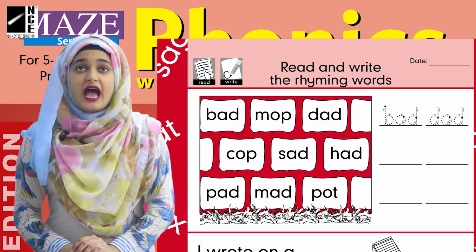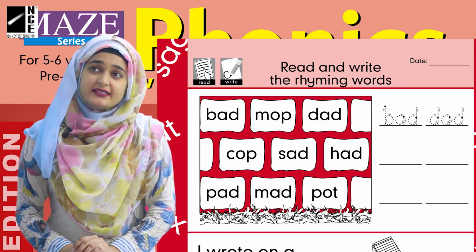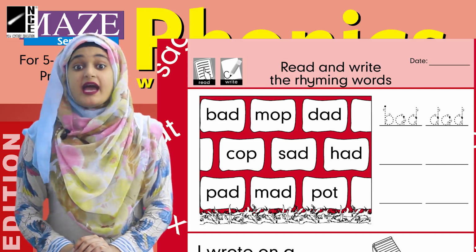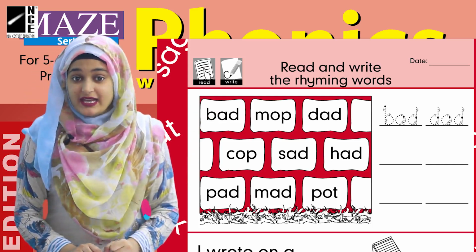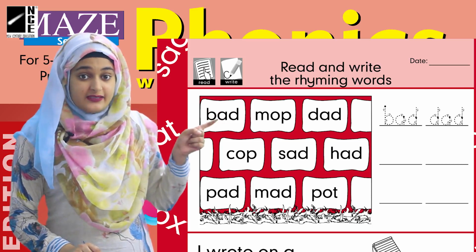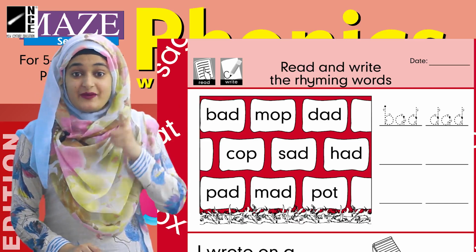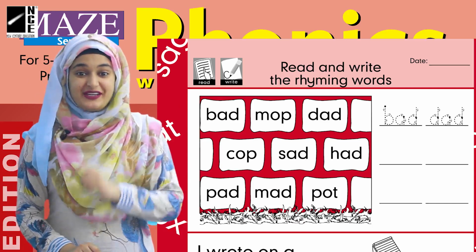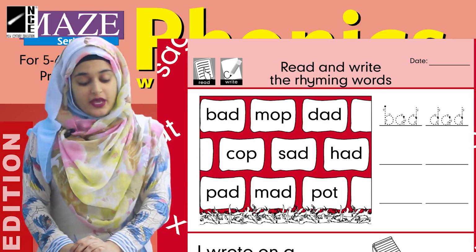Sad, had. They rhyme together. So we will write had in the second blank. Had in the second blank and sad in the first blank. Write it properly and with the correct formation. Very nice.